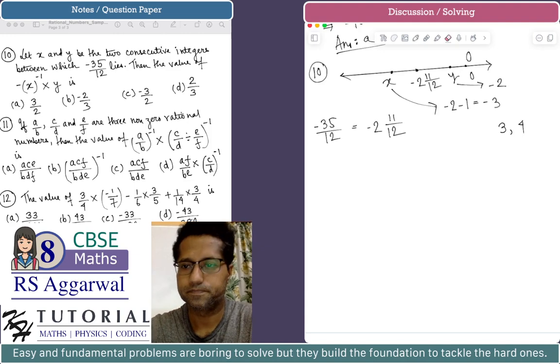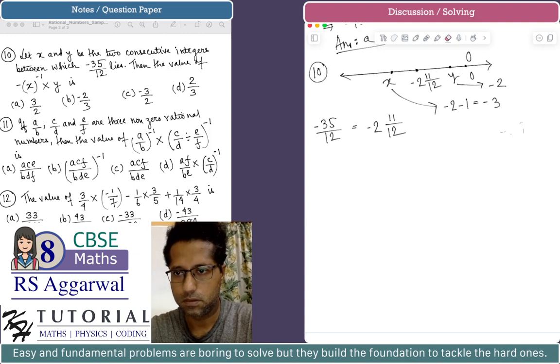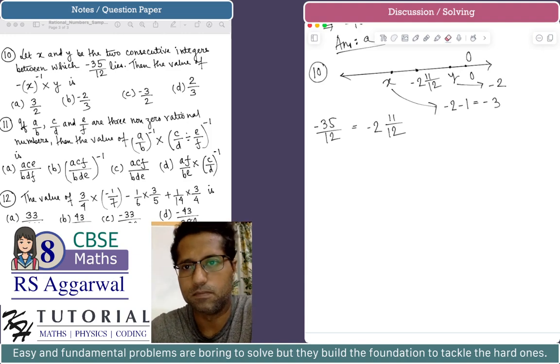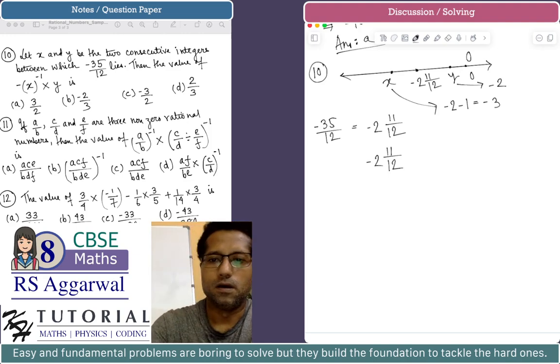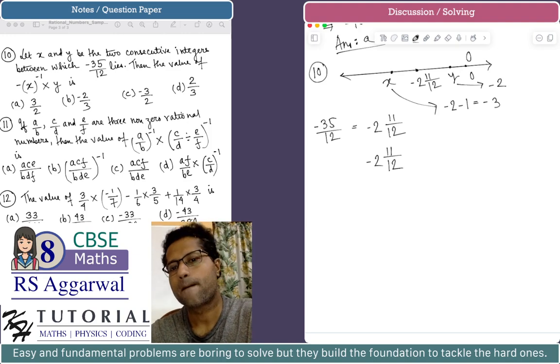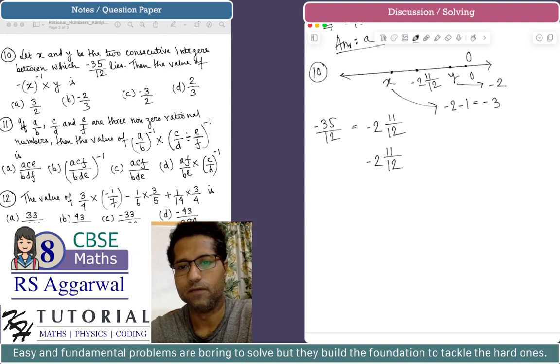Now one thing to note is that -2 and 11/12, a rational number, is lying between two consecutive integers. So definitely it has to be the case that -2 and 11/12 is lying between -3 and -2.